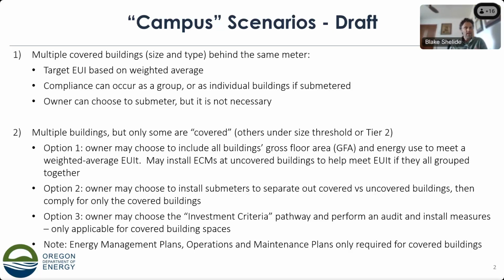So then an owner would really need to follow either option 2 or option 3 to sub-meter out the covered buildings, or choose the investment criteria. Gotcha. So where you've got a building without a target in that group of buildings, that kind of removes option 1 from the pathway. Cool, thanks.